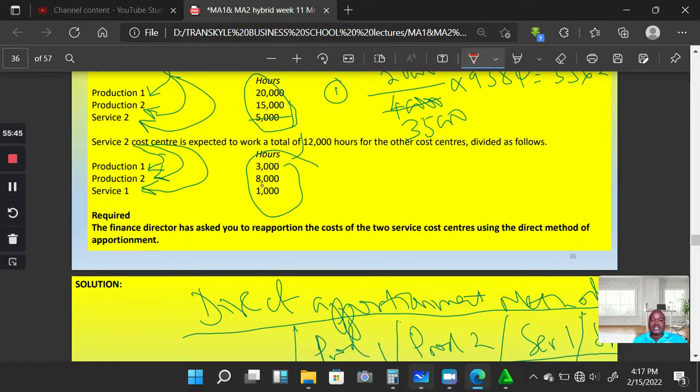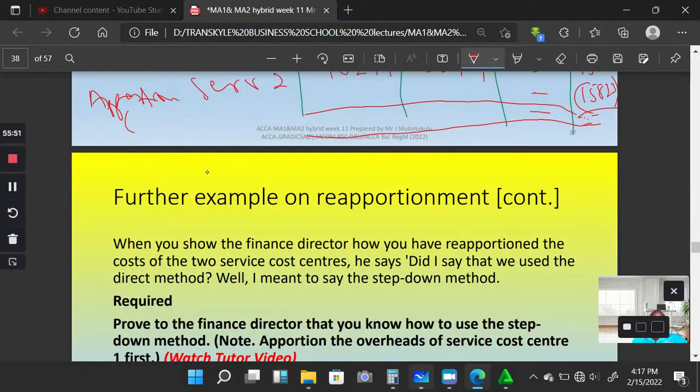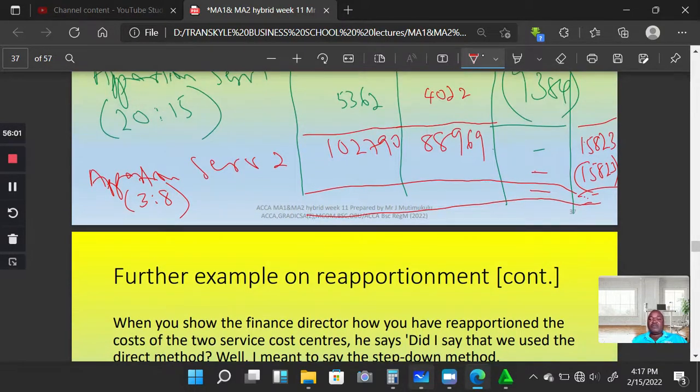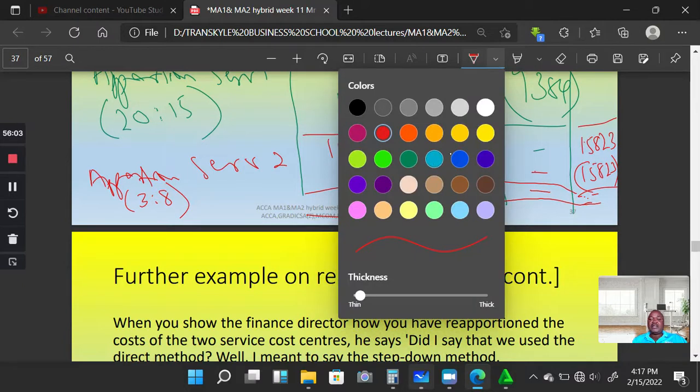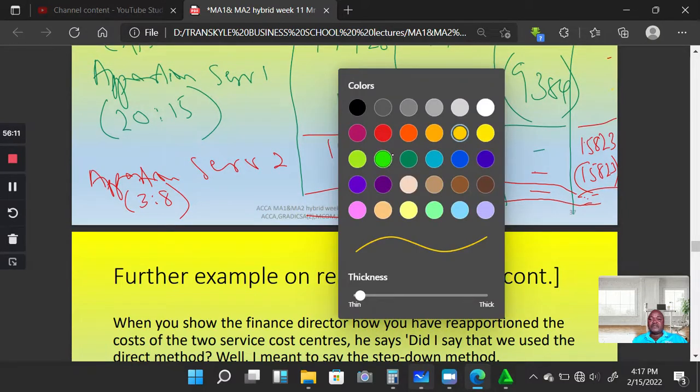So it's 3 and 8. That's 3 plus 8, that's 11. So for the purpose of our computations, we're going to say this one is not feasible.